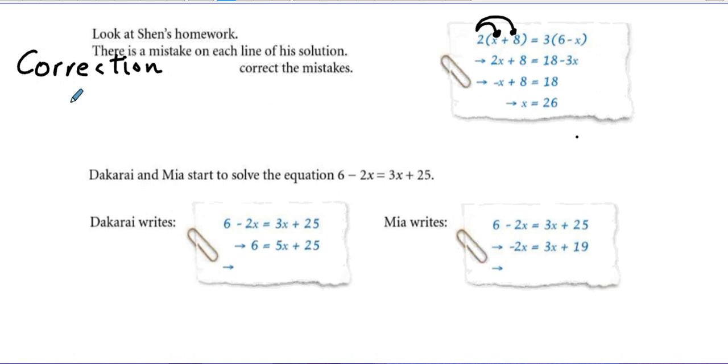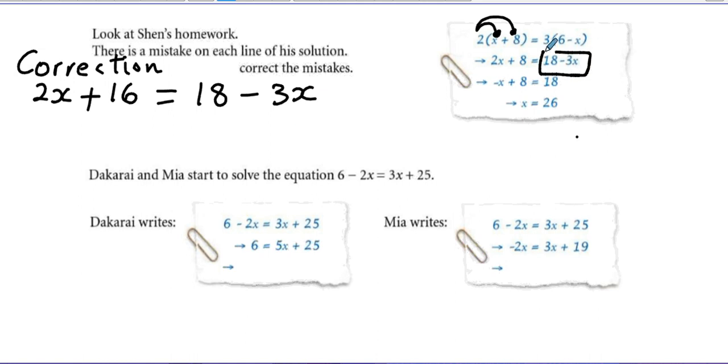So 2 times x is 2x. 2 times 8 is 16. Okay, on the right hand side, this will be 3 times 6 is 18. 3 times x is 3x. So Shan is correct on the right hand side, but wrong on the left hand side.